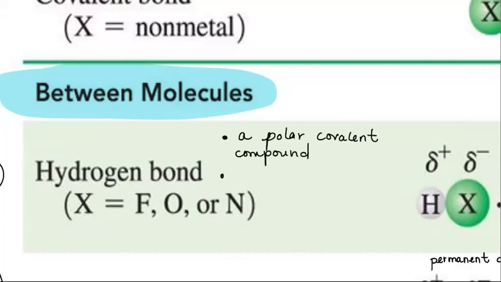And also you need the hydrogen atom bonded to a quote unquote fun element. Okay, so what is fun standing for? Fluorine, oxygen, or nitrogen. So if one or the other, both parameters need to be there. So if you have a molecule in which it's a polar covalent compound and you have a hydrogen bonded to fluorine, oxygen, or nitrogen, then the molecule can hydrogen bond.